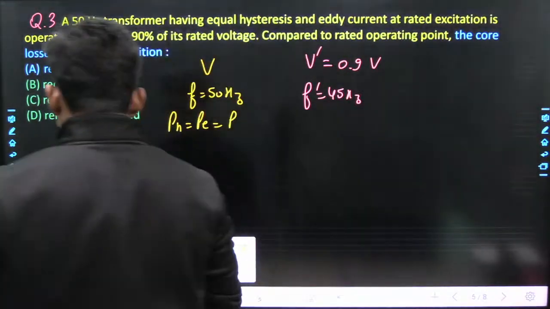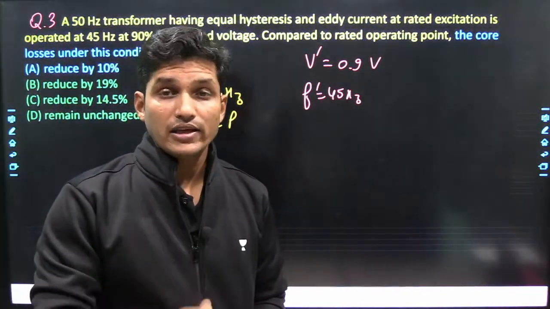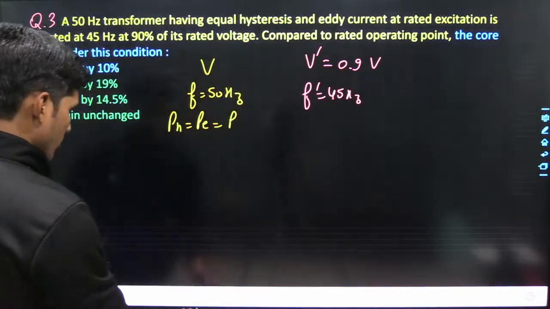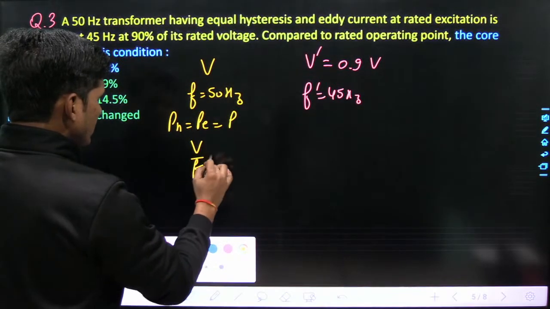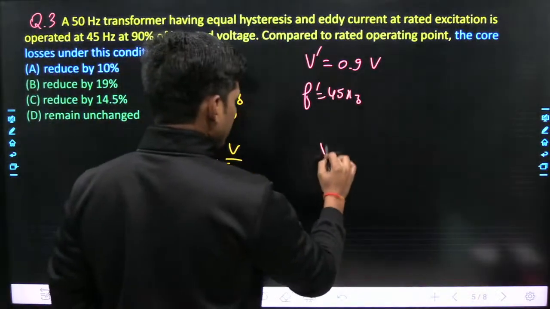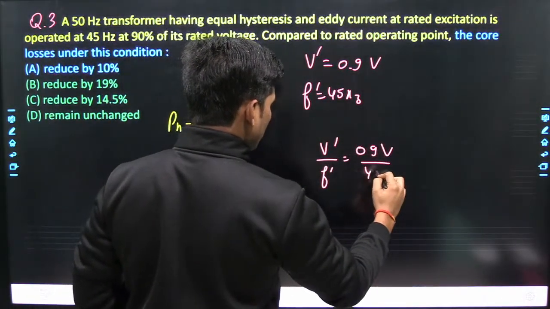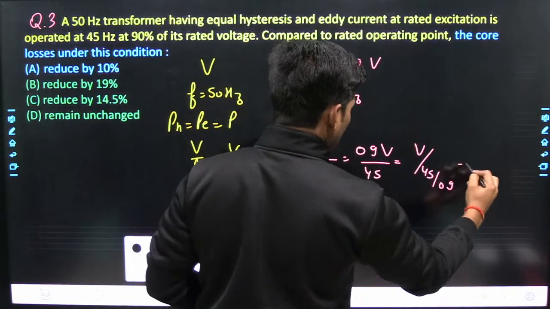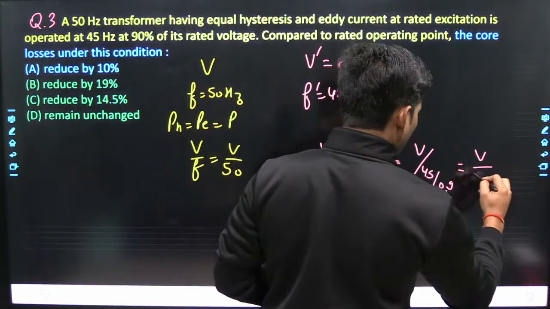So in this question again we first have to check whether the ratio V by F is constant or not. Now the ratio V by F is V upon 50. Here V dash upon F dash is 0.9 V upon 45, or we can say V upon 45 divided by 0.9 is equal to V by 50.